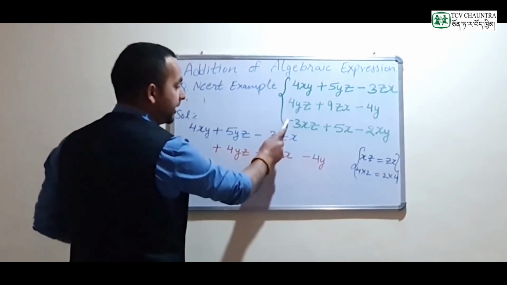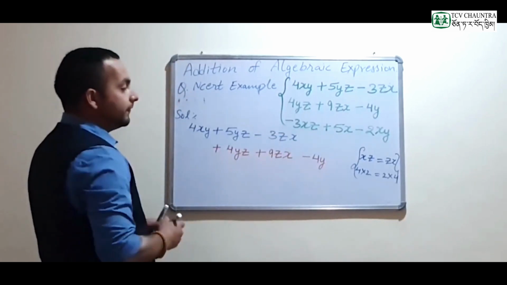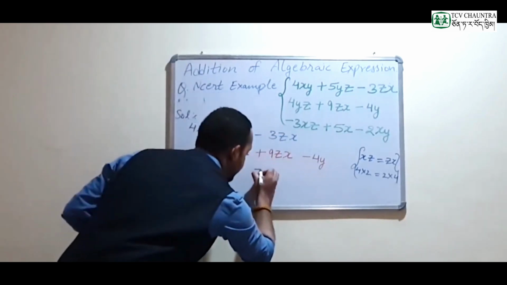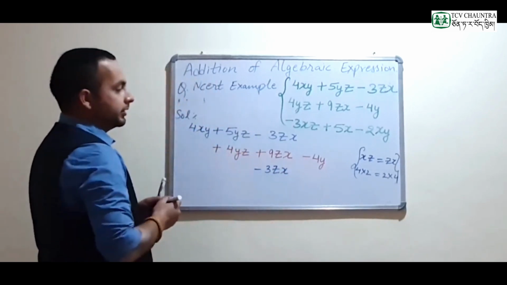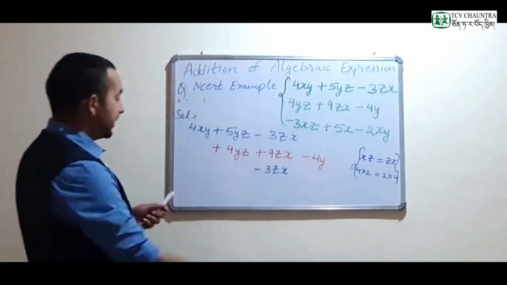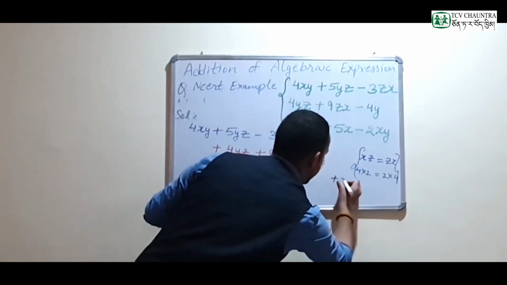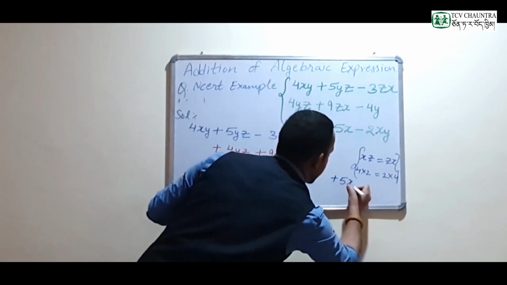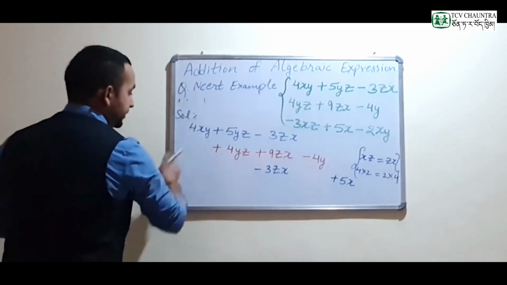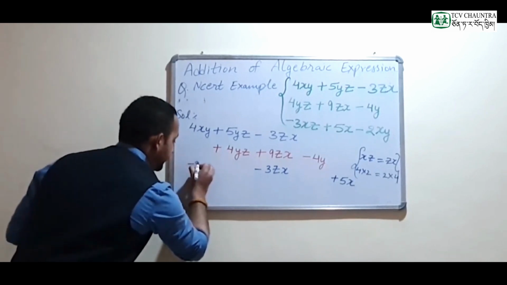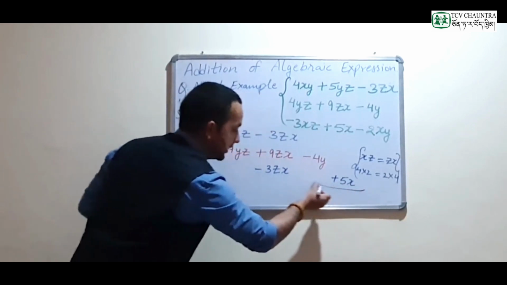So here it's negative 3xz, so you can make it negative 3zx, and keep it here. Now see, where is 5x? Is there any term of x? No. So we will keep it here. We will write here 5x, and next is negative 2xy. So here it's negative 2xy.